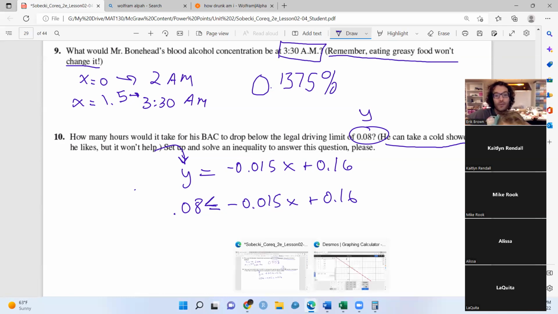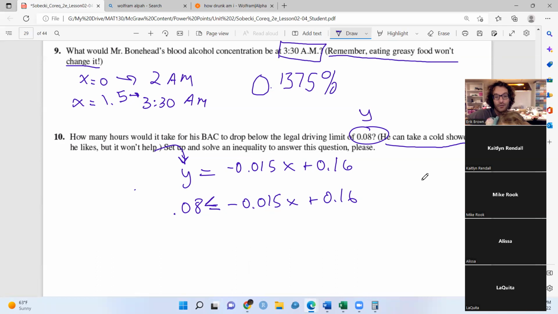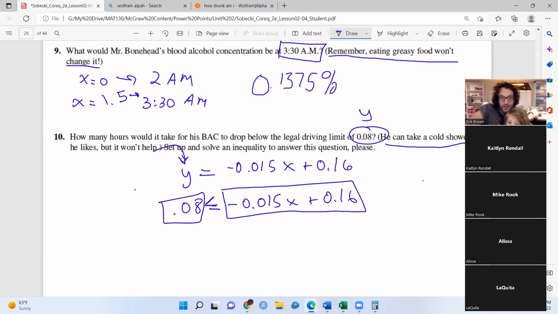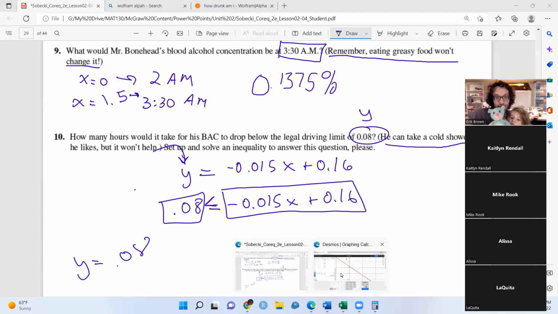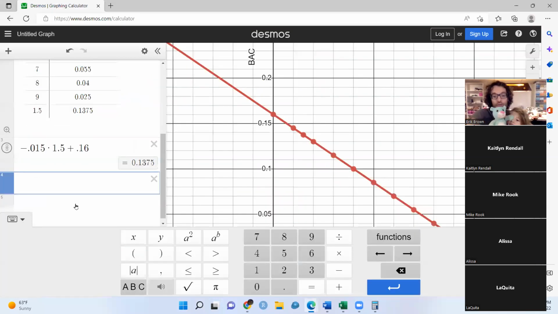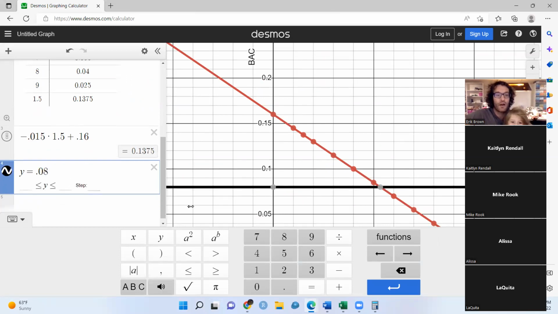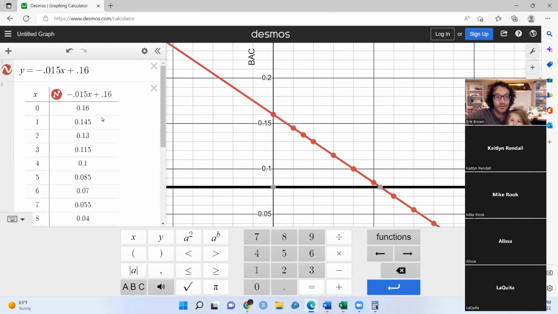But there's a super nice way to solve this in Desmos. We've got this side as one equation, y equals that. And then this side could be another equation, y equals 0.08. If we graph those two things, then we will find where those two intersect.